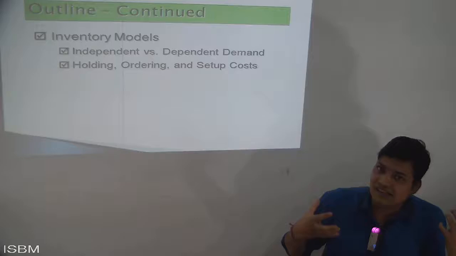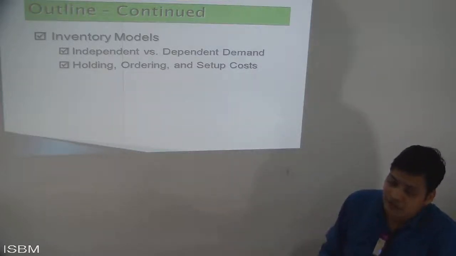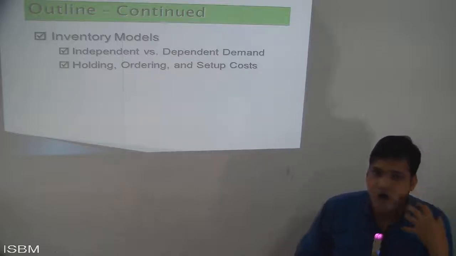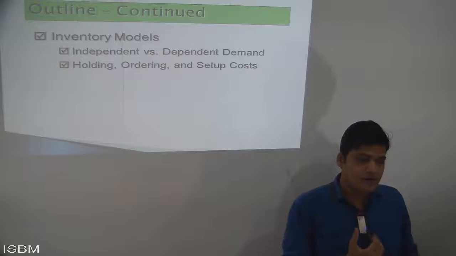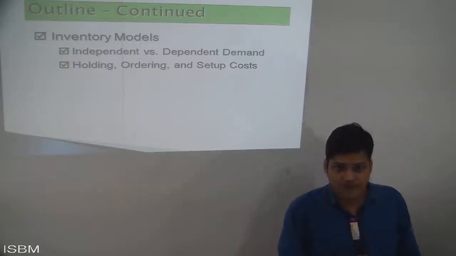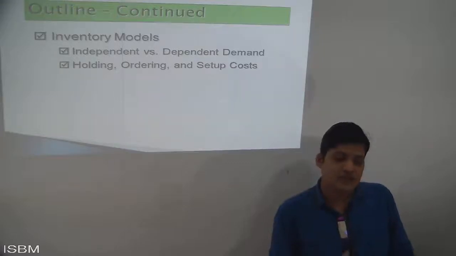Then we require lighting, so again lighting cost and labor cost are involved. All of these come under the setup cost, where we require labor, raw material, and other kinds of material through which we create a setup.